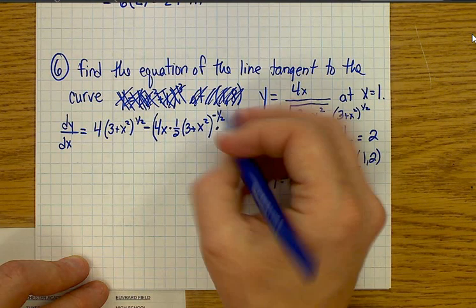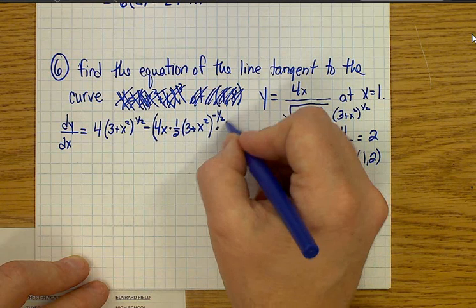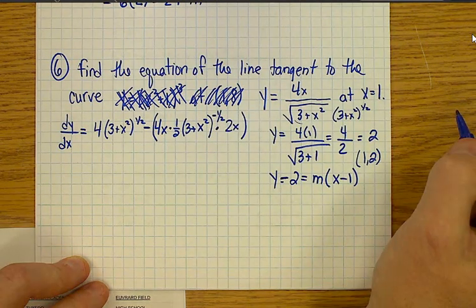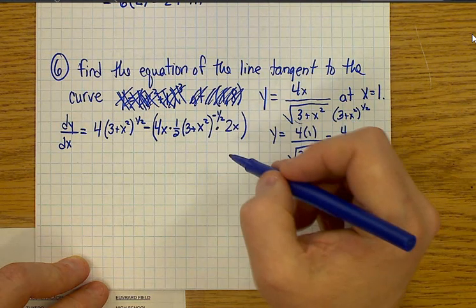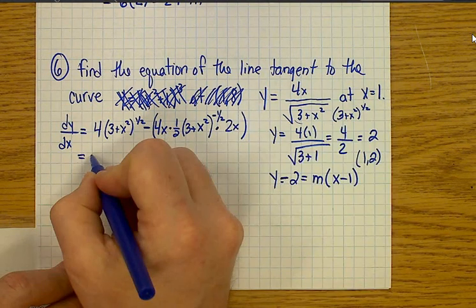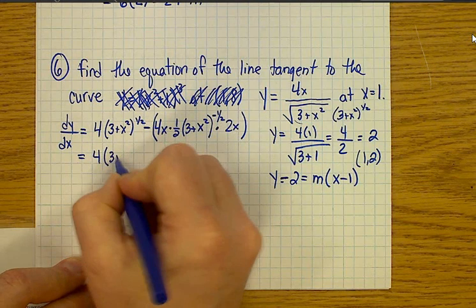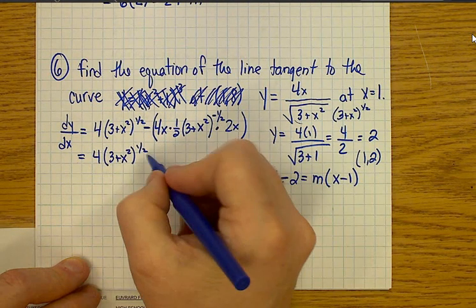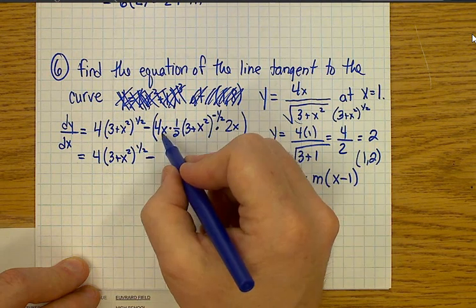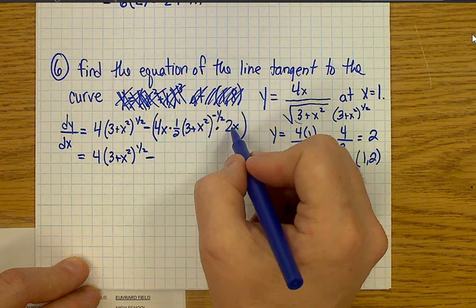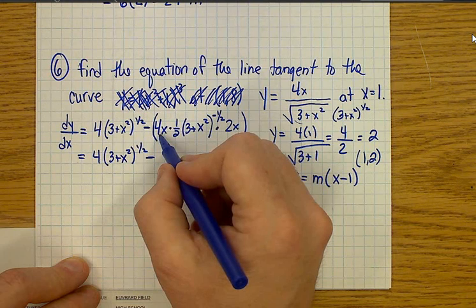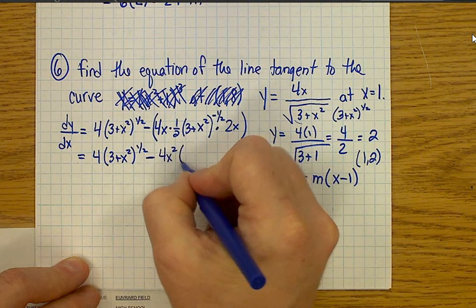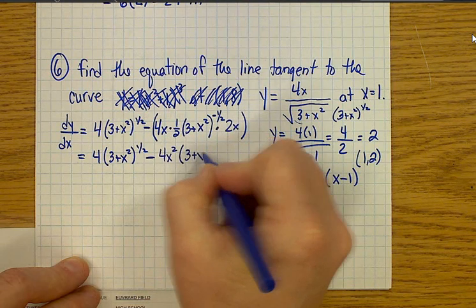The derivative of what was being raised to the power is just 2x. Alright, let me just try to simplify it a little bit. 3 plus x squared, and that's the 1/2 power. All this is going to become a minus. I have 2x times 4x is 8x squared. Half of that is 4x squared, and that's going to be multiplied by 3 plus x squared, but to the negative 1/2.